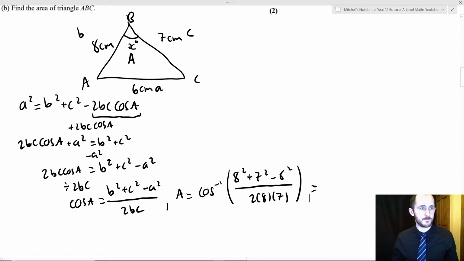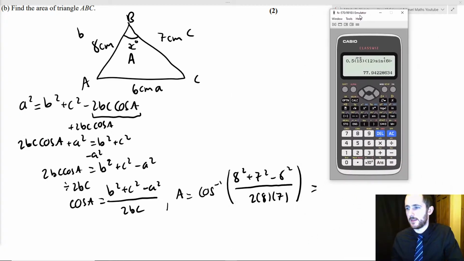That will give you your answer. So if we use this, inverse cos, big bracket, 8 squared plus 7 squared minus 6 squared over 2, 8, and 7.